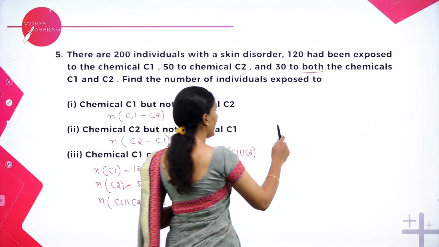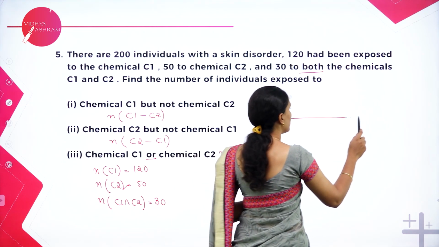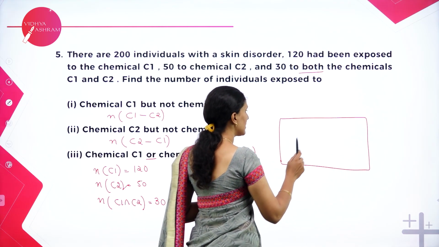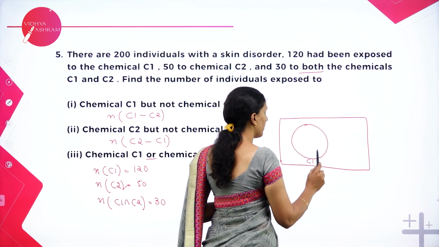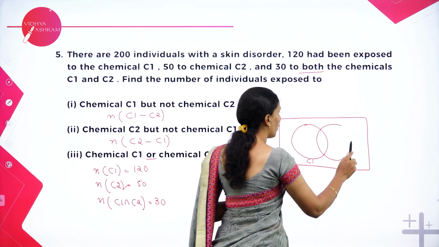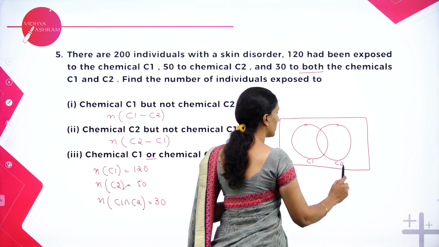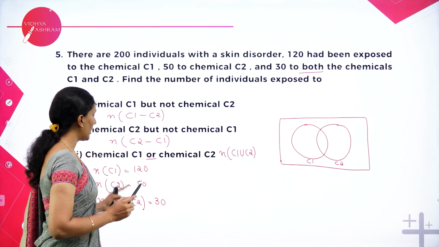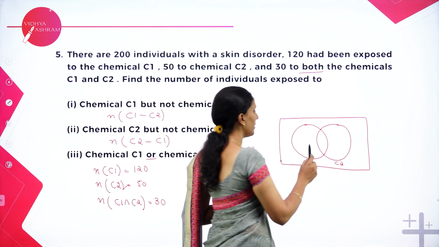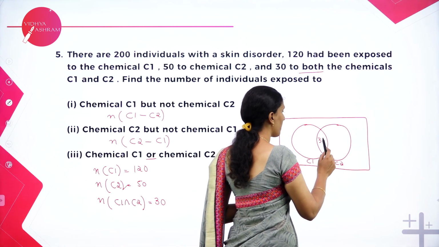So first, let's see it with the help of a Venn diagram. Here is the universal set. This circle is the number of people exposed to C1 and this is the number of people exposed to C2. Now how many people are exposed to both chemicals? That is 30 members, which we write here.